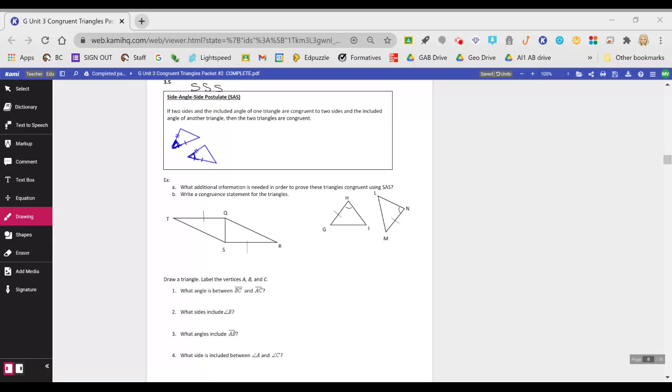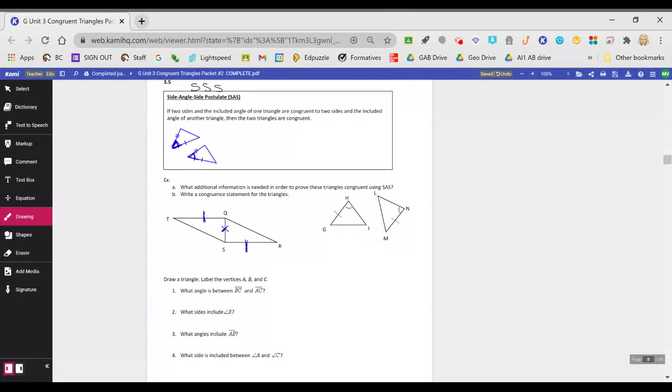So what additional information is needed in order to prove these triangles are congruent? When I look at this first one, I know that TQ is congruent to RS. Then if I remember the reflexive property, I know QS is congruent to itself.